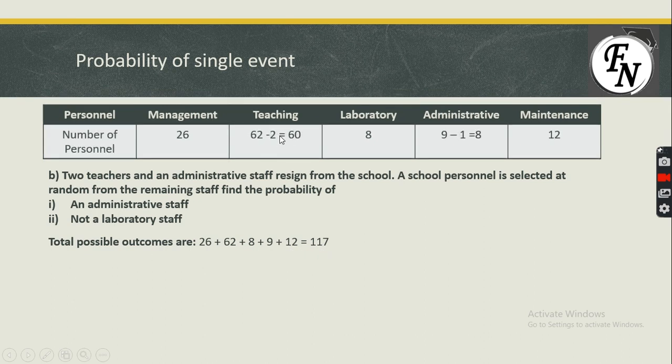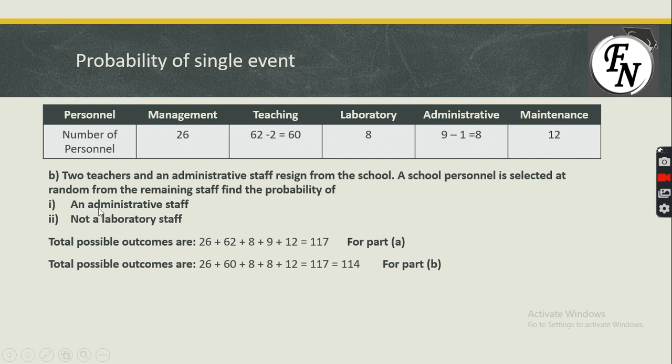But now, with minus 2 in the teacher column, the teachers remaining in the school are 60 and the administrative staff remaining is 8. So now the total outcome becomes 114. 117 is reduced to 114. So this is for part A, and now this is for part B.